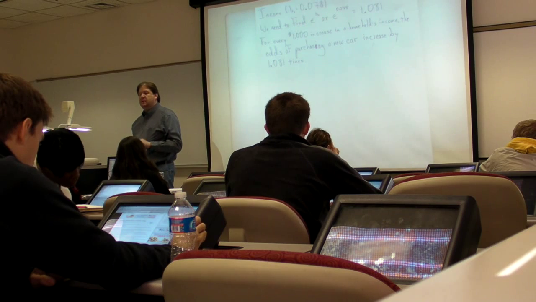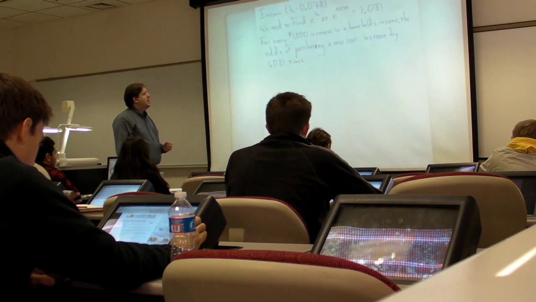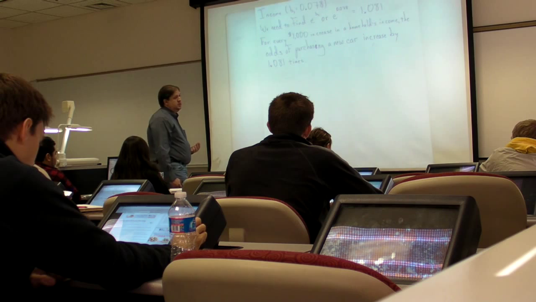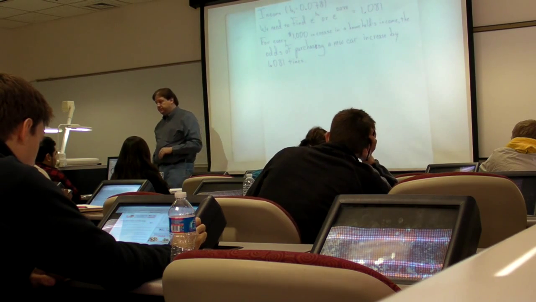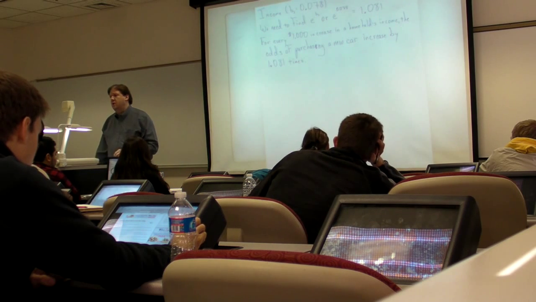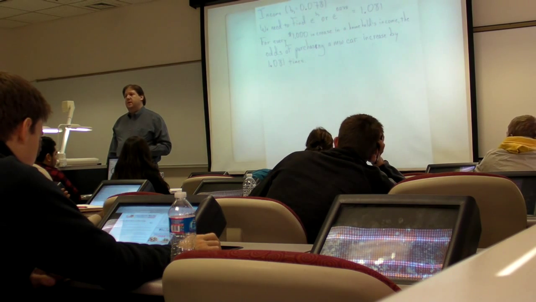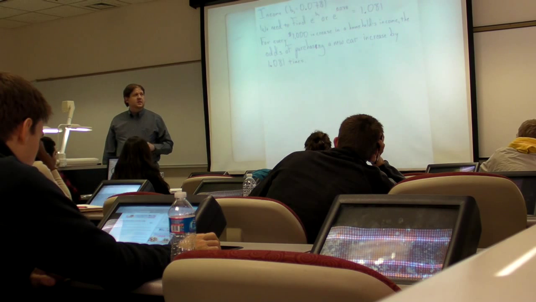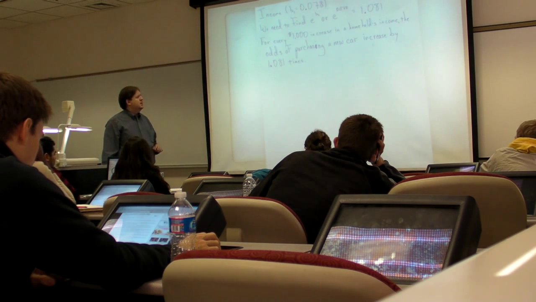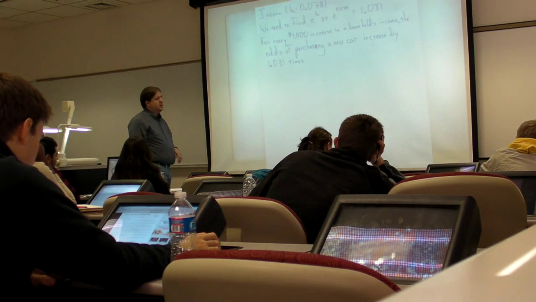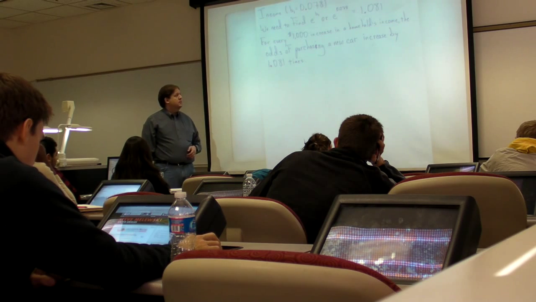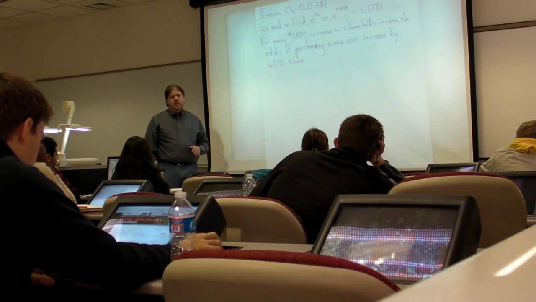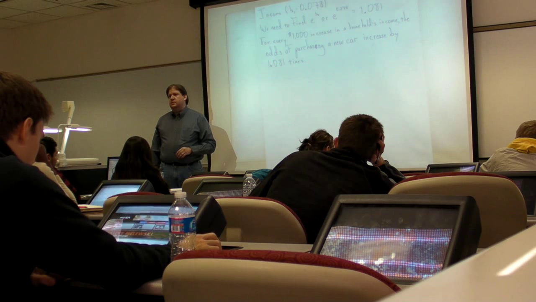But what this is saying is how the odds change. So in this case, if my income goes up by $1,000, I need to multiply the odds of me purchasing a new car by 1.081. Or if you want to think about it, they go up by about 8%. Any questions about this?